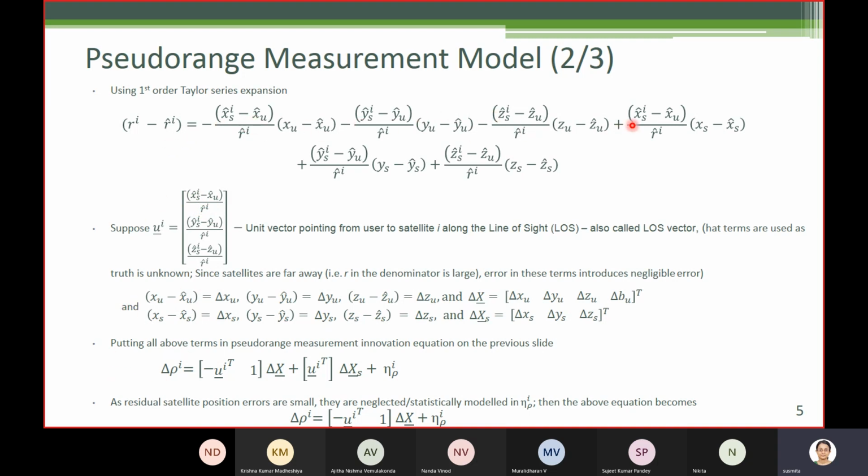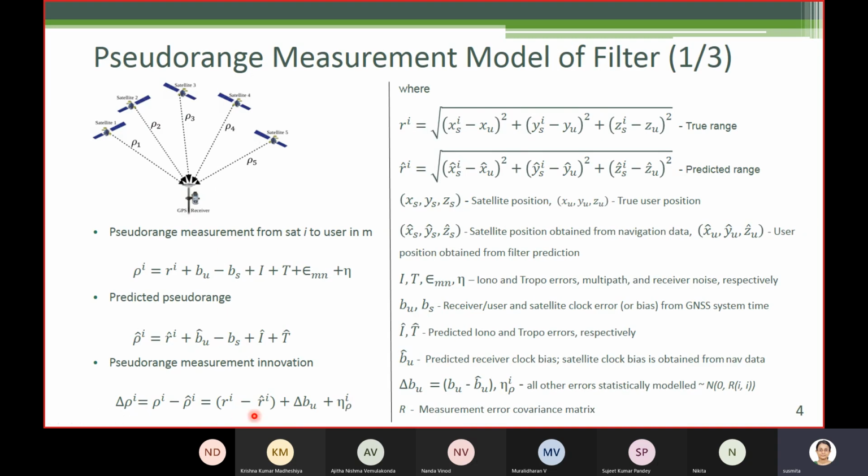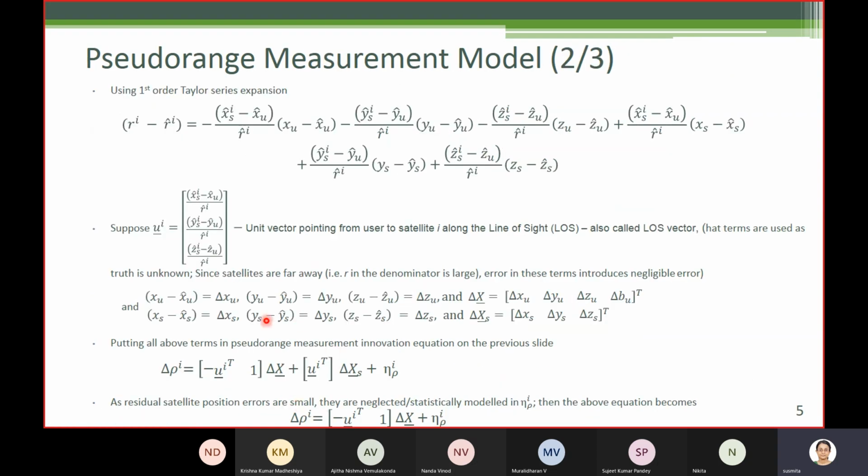Okay. So we can now write this in vector form. This and this we can group together as minus ui, and then here we have delta bu. So we have done the Taylor series expansion of the range difference term. We also need to take into account delta bu because in delta rho we have delta bu.